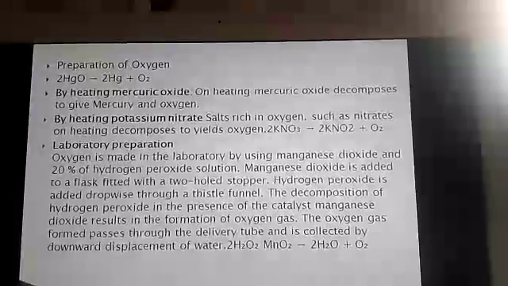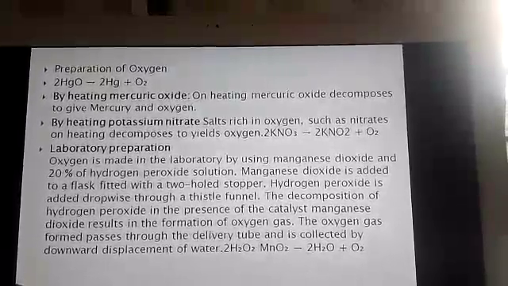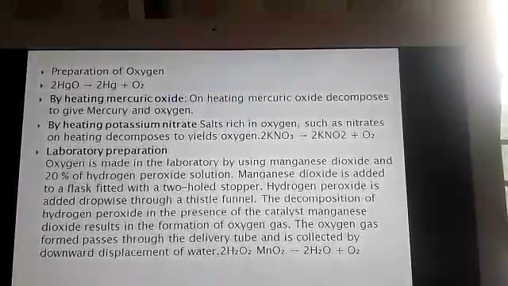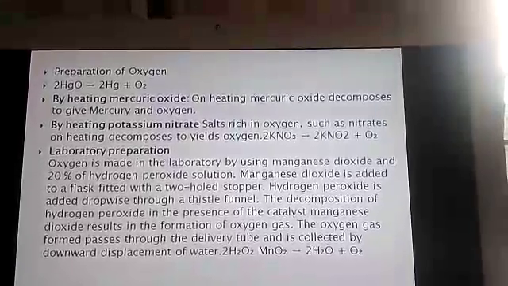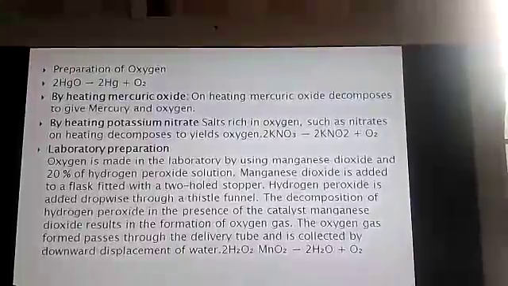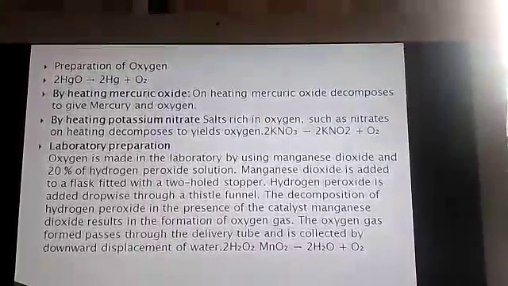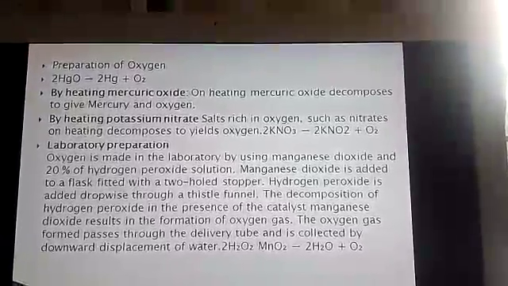Salts rich in oxygen such as nitrates, on heating decompose to yield oxygen. Potassium nitrate, KNO3, gives rise to potassium nitrite plus oxygen.